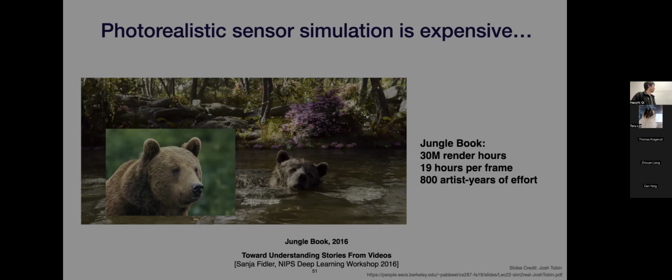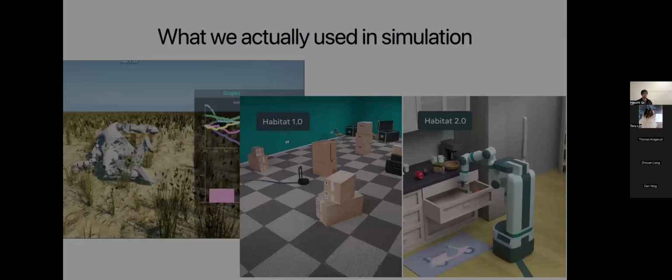But the cost of generating these kinds of scenes is obviously not suitable for training robotics agents. Of course, we can simplify this process, but the result is what we actually use in simulation. Some environments look like this. It's not bad, but it's definitely not realistic. So if you train models here, they are not going to transfer to real-world policies.